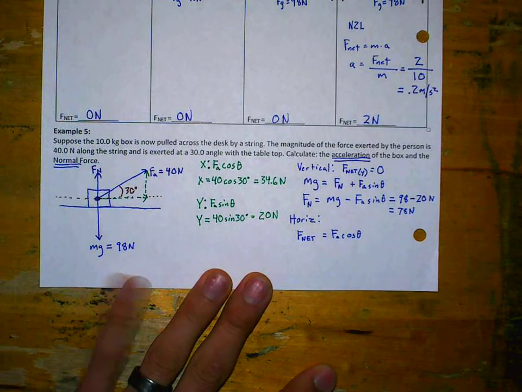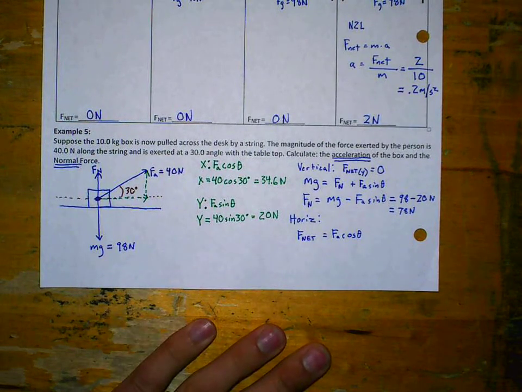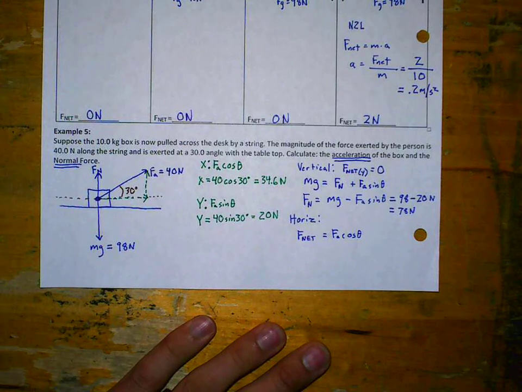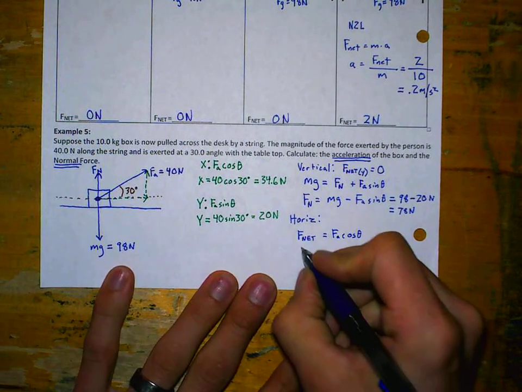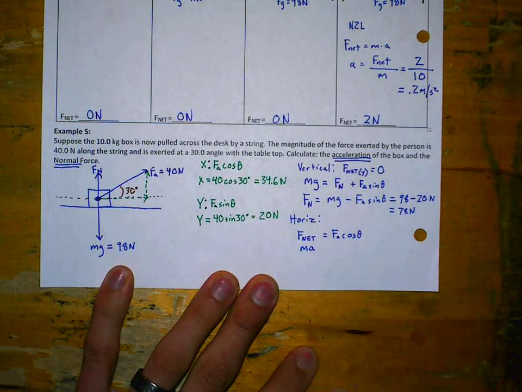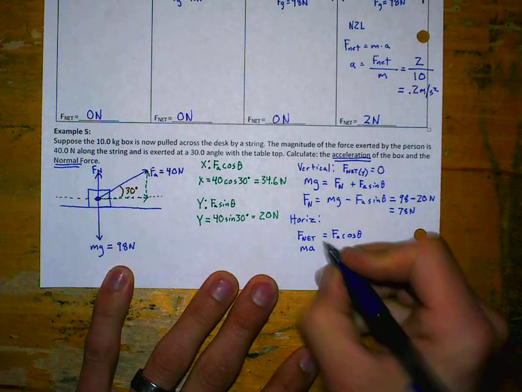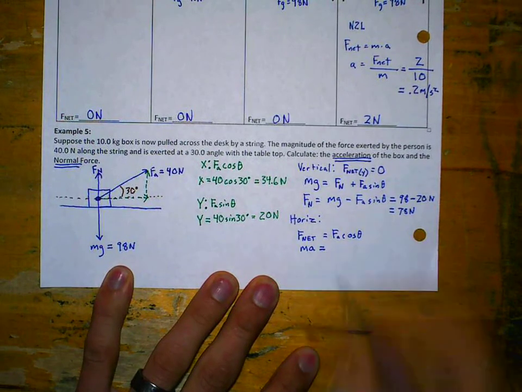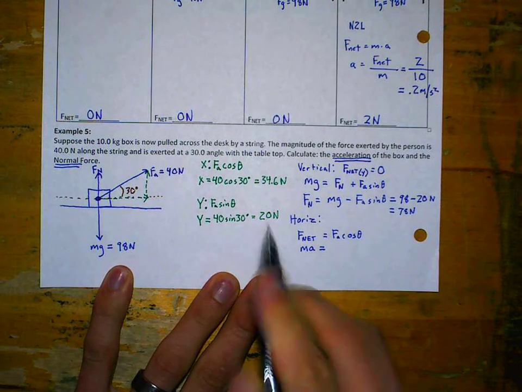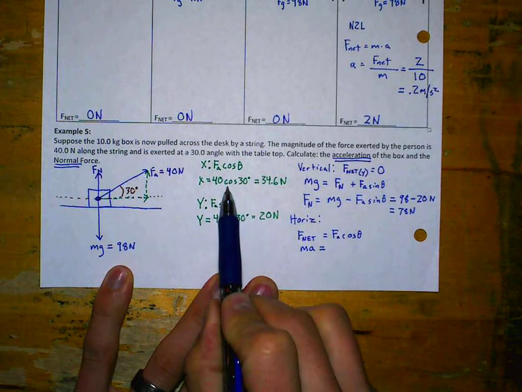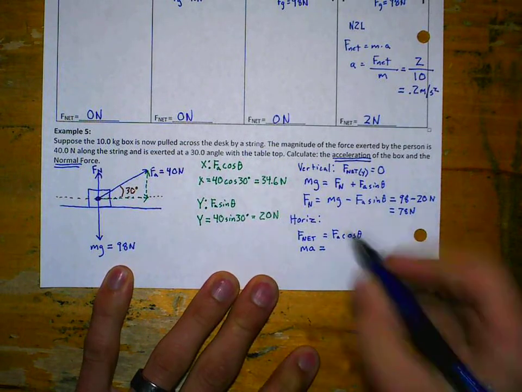What can we always replace F net with? Newton's second law. MA. We can always replace F net with MA. And our FA cos theta, we already did that over here, so we won't do it again. That's our 34.6.